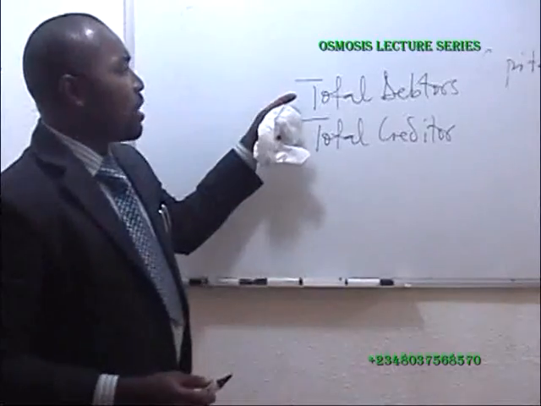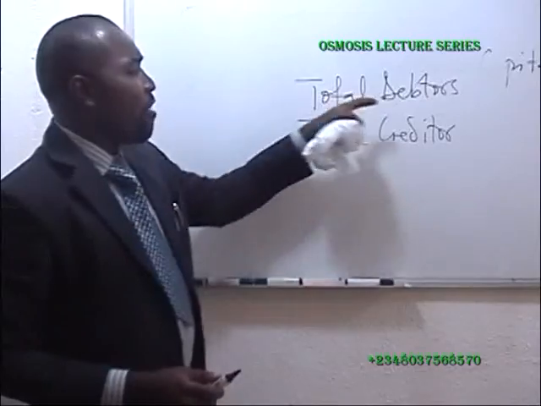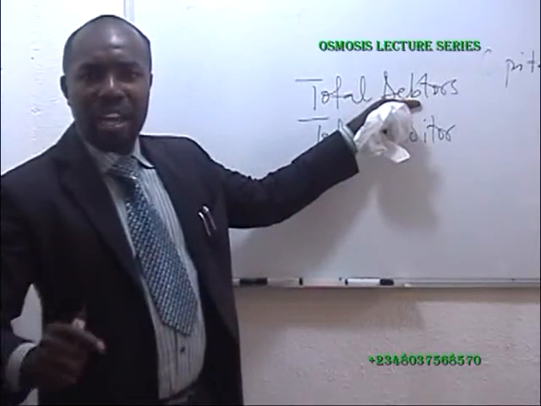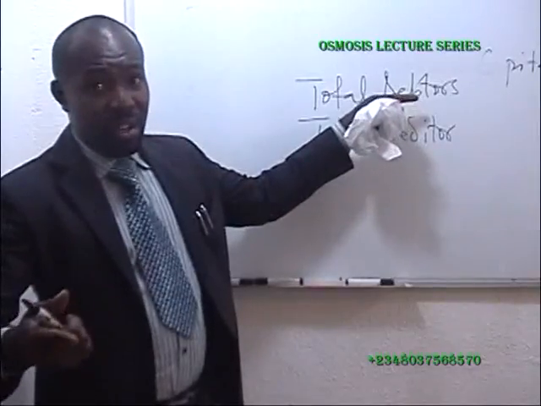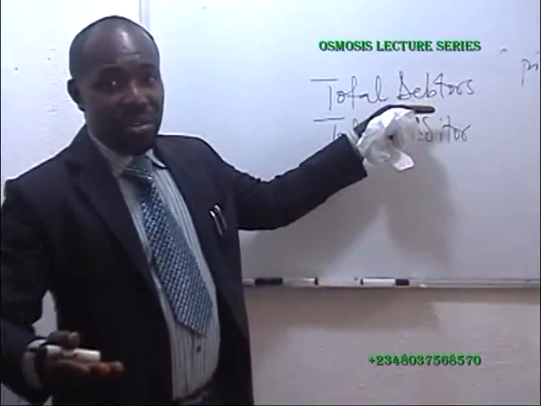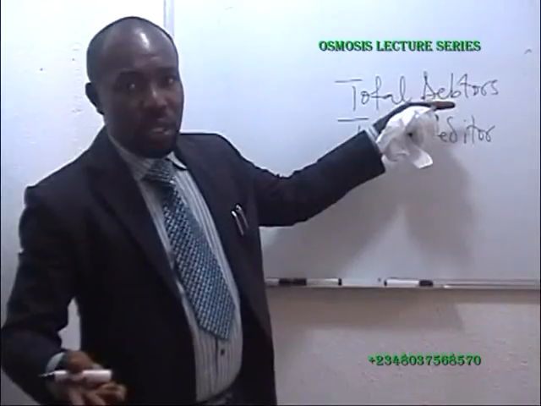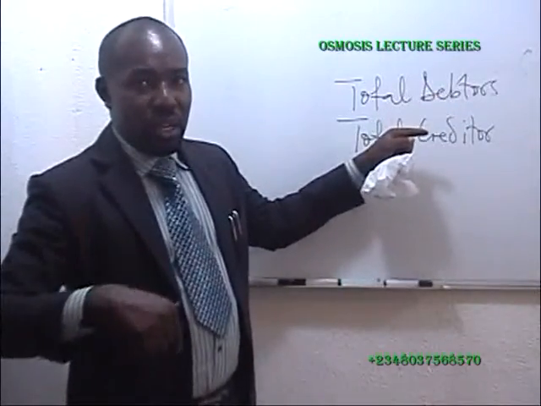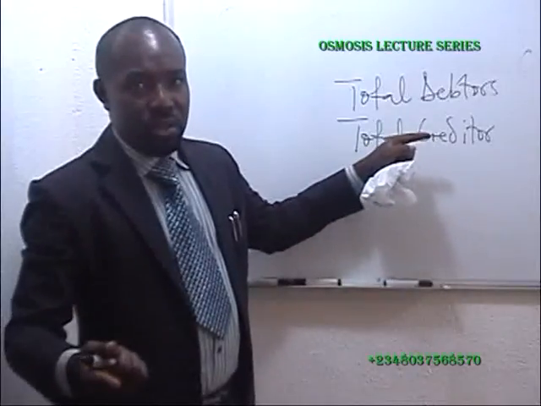For you to have debtors, you must have made sales, and the sales you make must be credit sales. When you make credit sales, you have debtors. And when you make credit purchases, you have creditors.